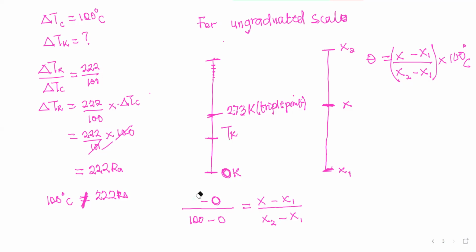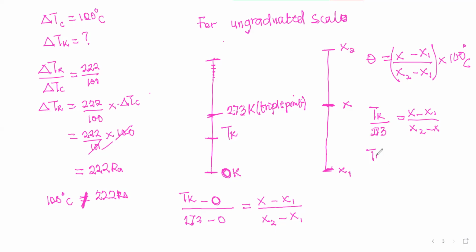So you see TK minus 0 K, or 0, over 273 minus 0, so that TK over 273 will be equal to x minus x1 over x2 minus x1.